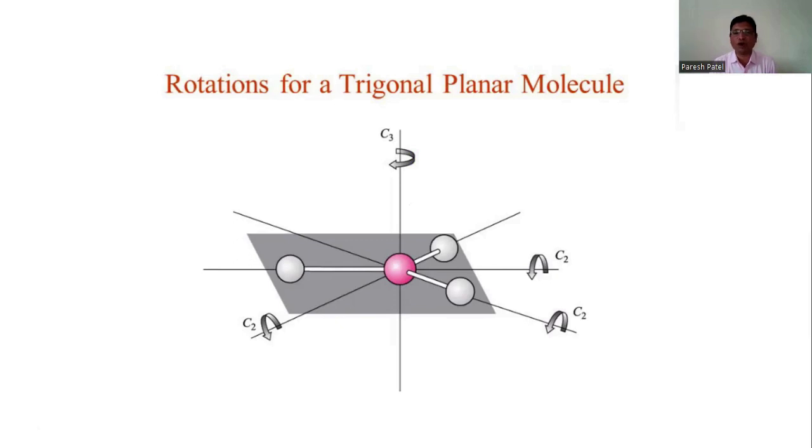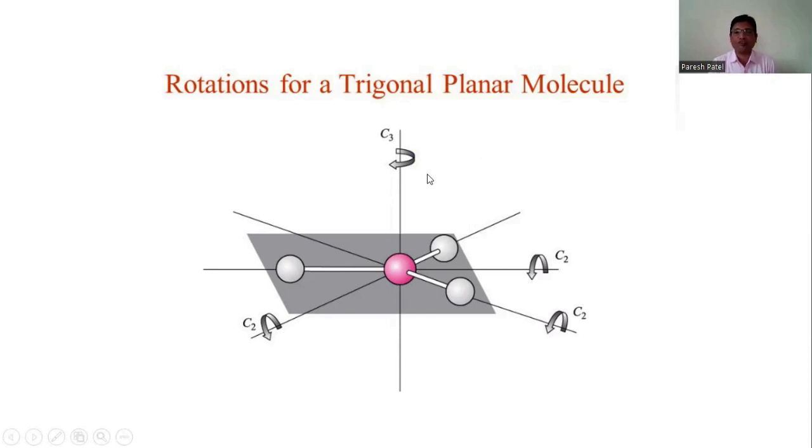In BF3 there is no question about C3 and C2: the order of C3 is higher than C2, so the main principal axis is C3.